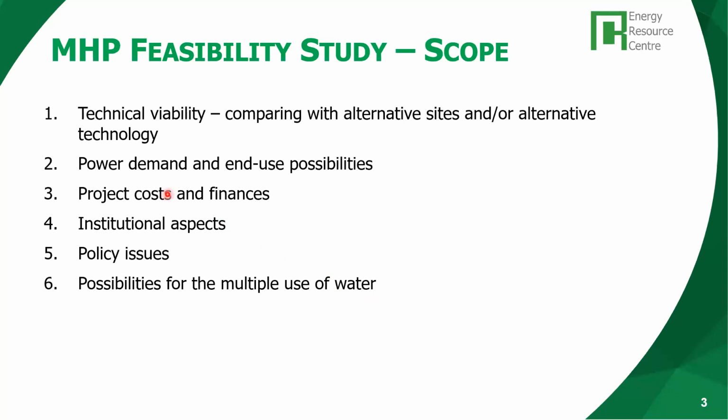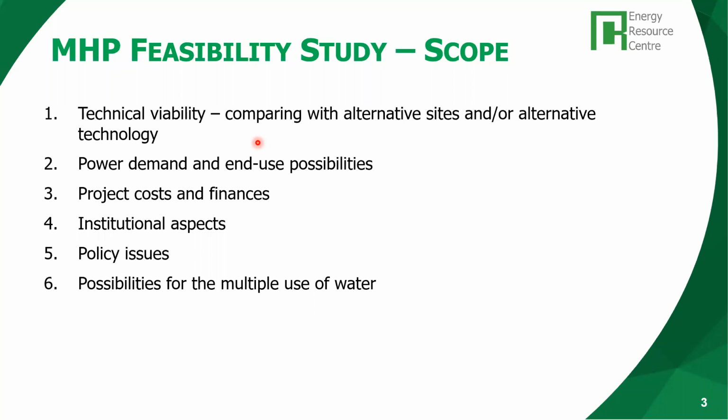So technical viability has to show that the proposed project or site is technically viable, and this is the preferred alternative. I'm using the word preferred here because you could say it is the best alternative, but sometimes there are trade-offs.